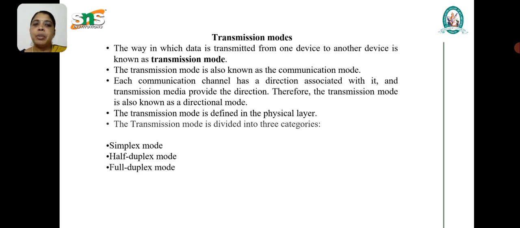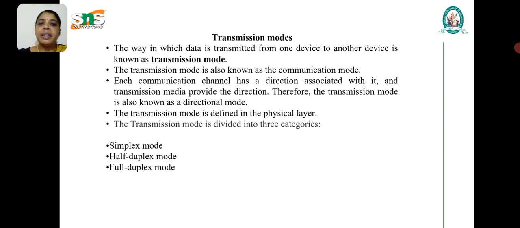Each communication channel has a direction associated with it. The transmission media provide the direction. The communication channel is used for transmitting information all over the world, so they have to use some transmission mode. Transmission mode is also called a communication mode, or otherwise a directional mode.